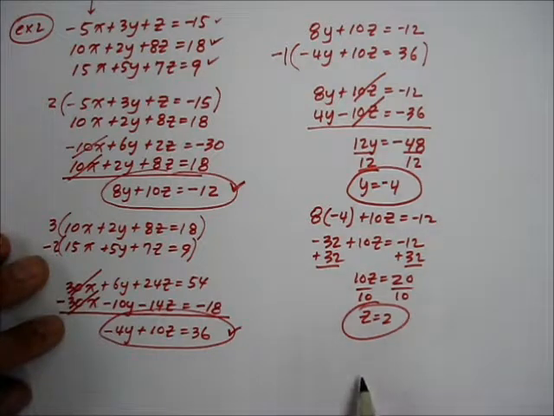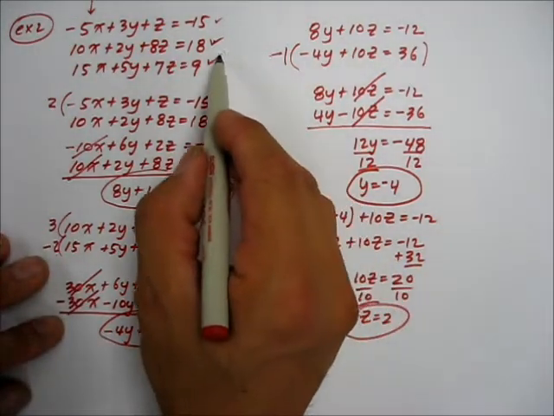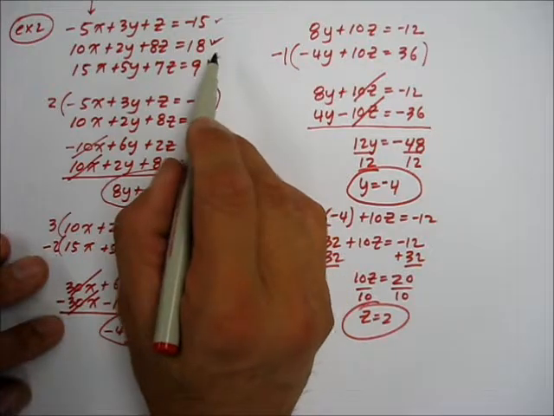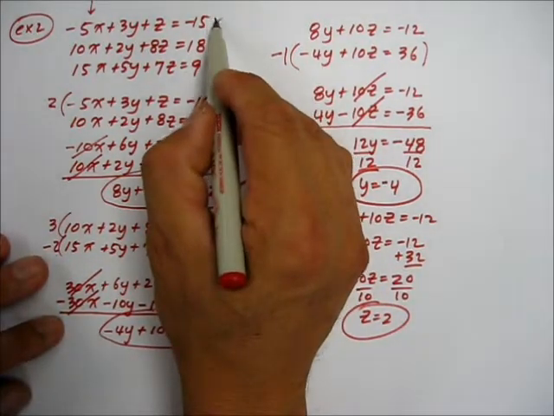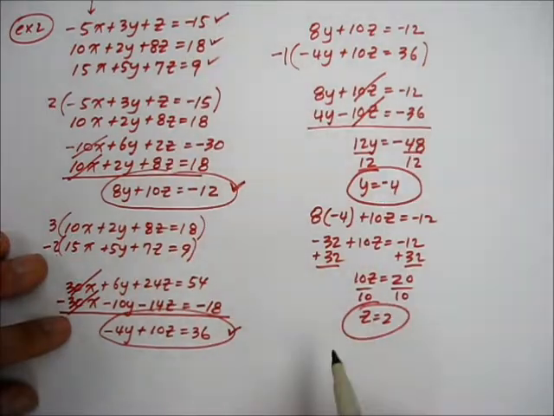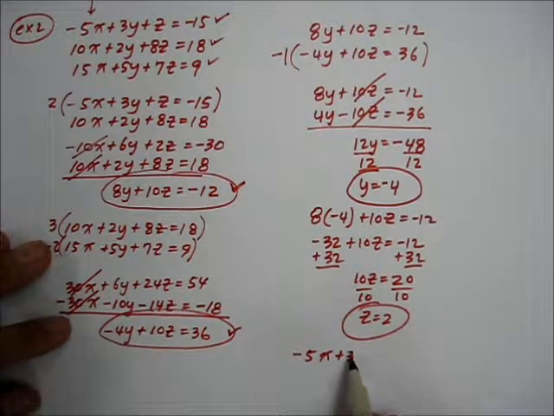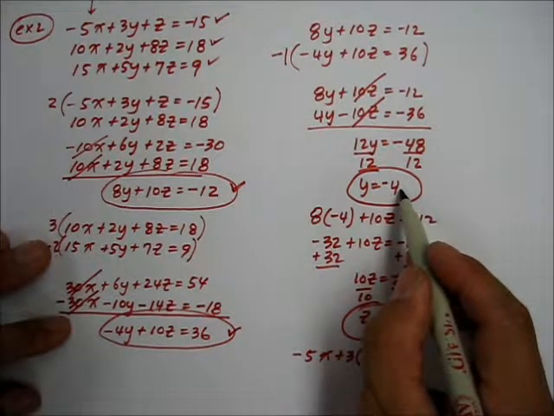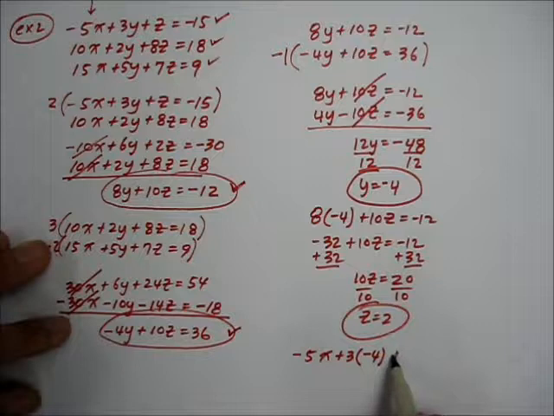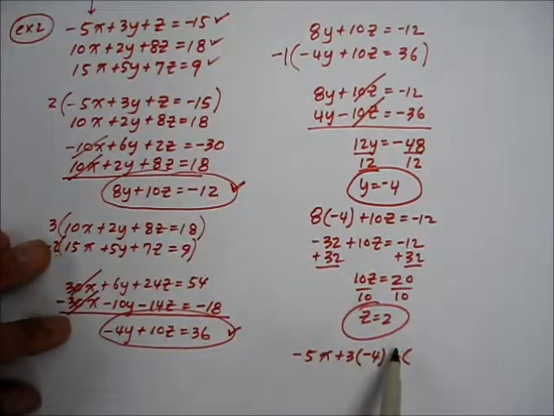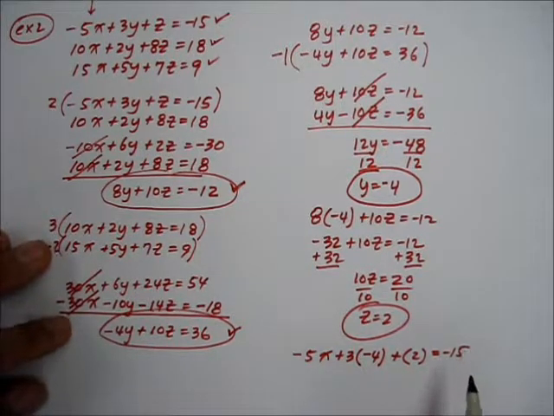To find the x, now I go back to the original and plug into the first equation. So we have negative 5x plus 3y, but y is negative 4 from here, plus z, but that z is 2 from that one, and that equals negative 15.